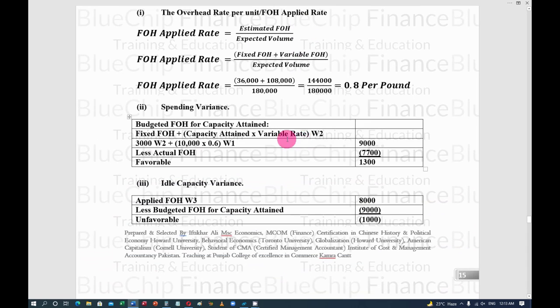So spending variance is equal to budgeted FOH for capacity attained minus actual FOH. We have discussed budgeted FOH for capacity attained many times. It is always equal to budgeted fixed FOH plus capacity attained multiplied by variable rate.